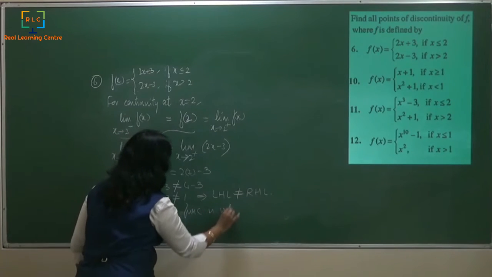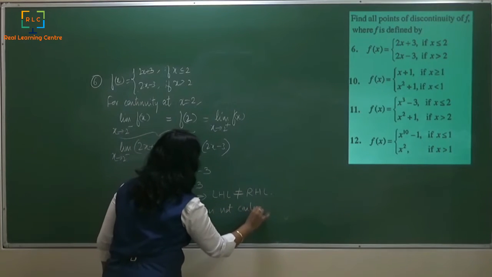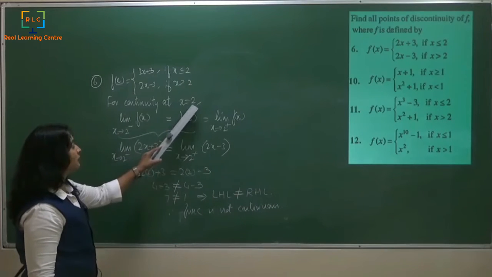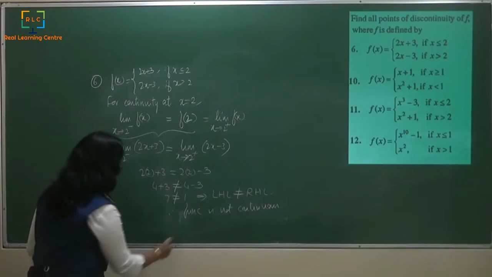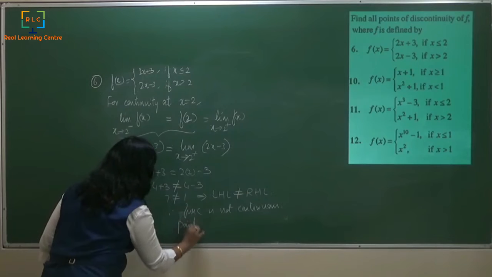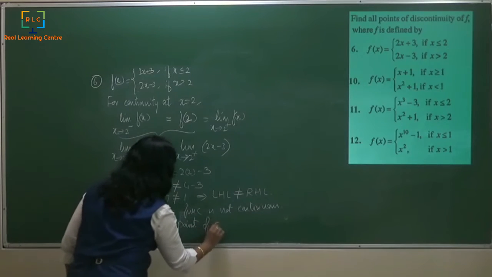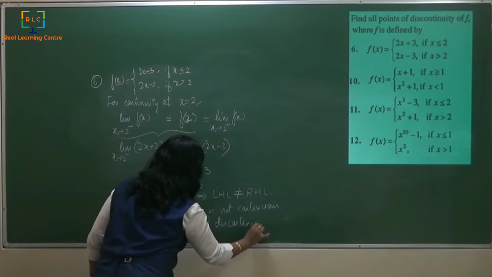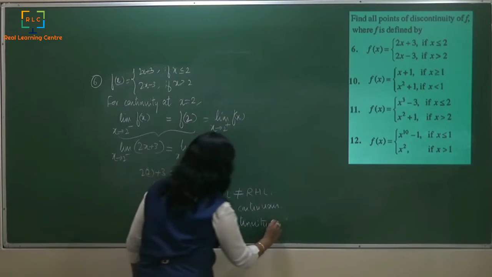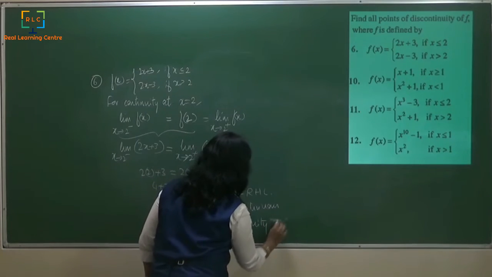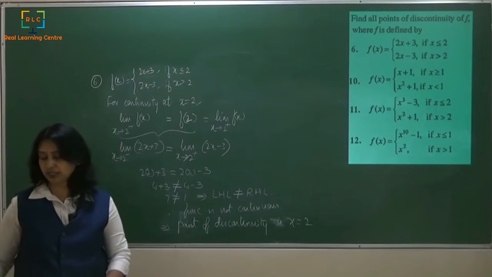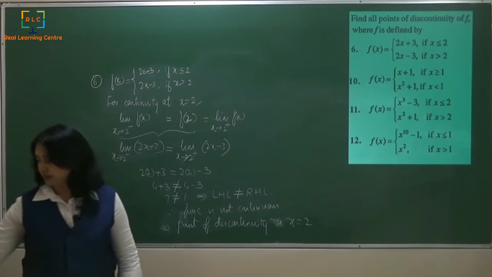If it is not continuous, at what point is it not continuous? It's not continuous at x equal to 2. So, point of discontinuity is x is equal to 2. At x equal to 2 it is discontinuous. Okay.